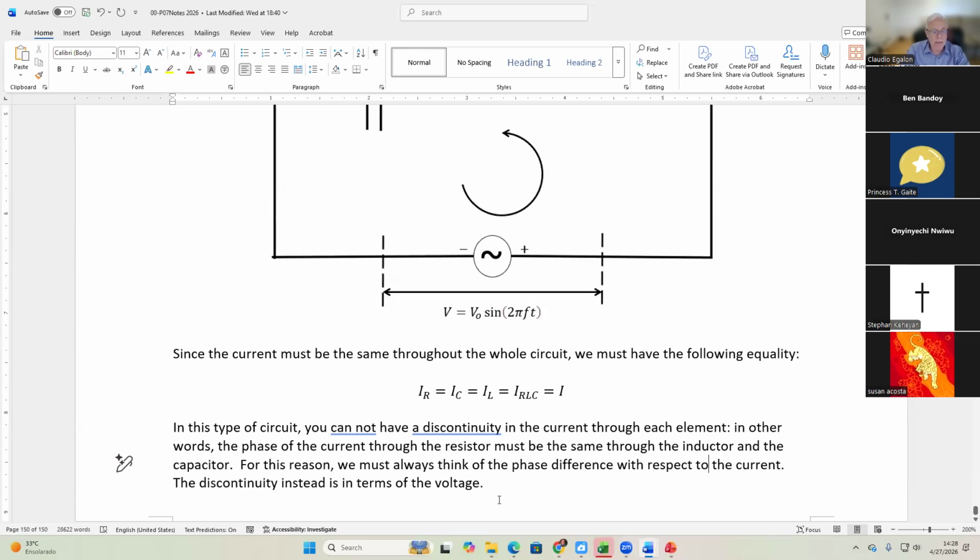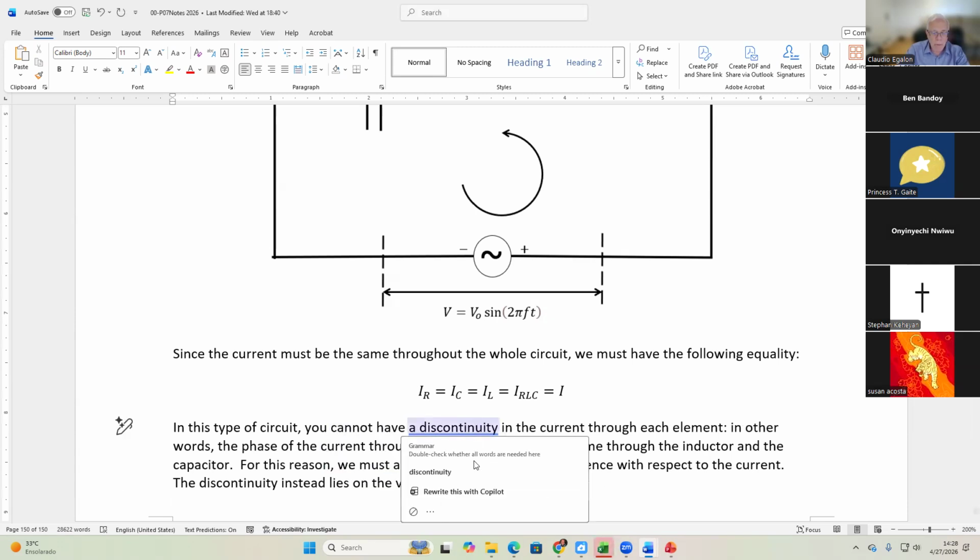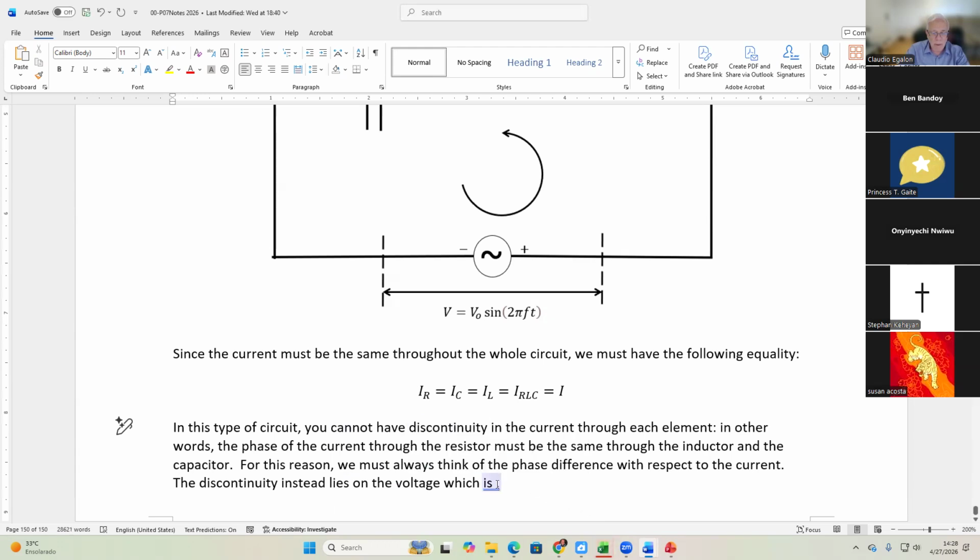The discontinuity instead lies on the voltage, which is inherent for each element of the circuit. It's okay to have different phases for the voltage, but for the current, you must have the same phase.